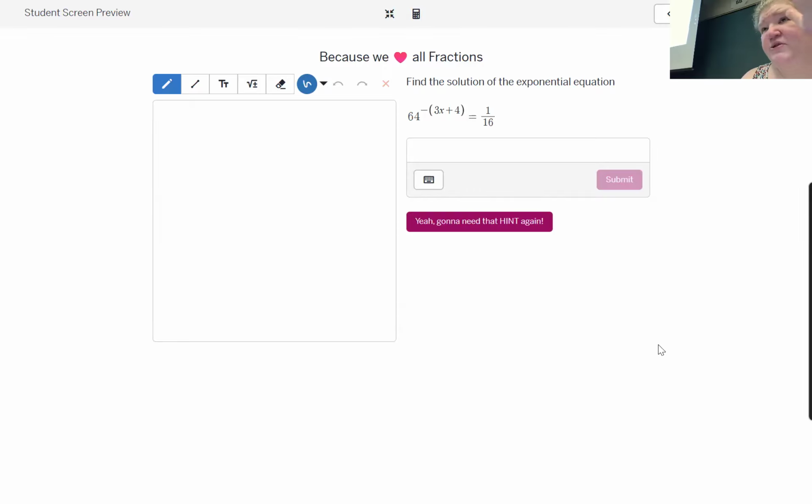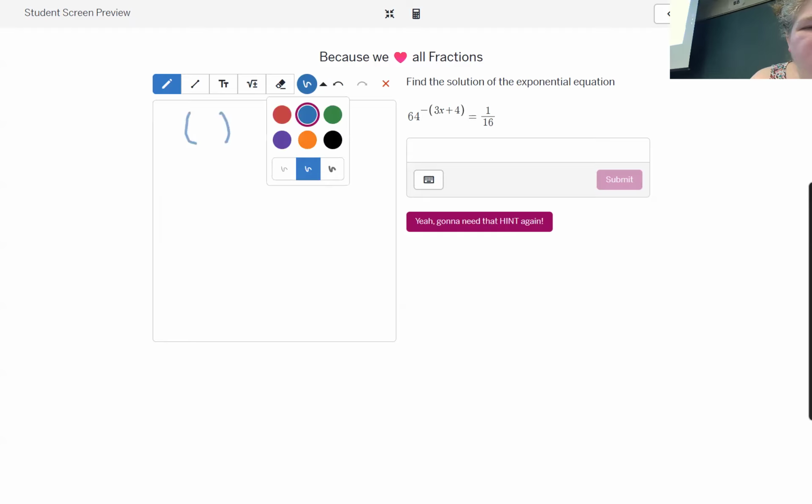Now, because they're powers of 4, they're also powers of 2. So if you didn't notice the 4s right away, they're both highly even, so you can write them all in terms of powers of 2 as well. And you'll still get the same solution. It just makes the numbers a little bit bigger in the solving. But we see the 4. So 64 is the same as 4 to the third power.